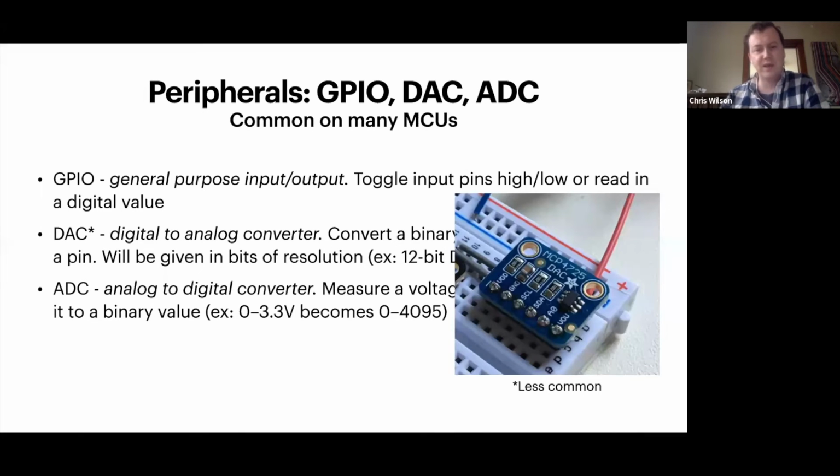DACs are less common, and I tried to research why this is exactly, but you definitely notice it, that you'll look around for a chip and a $1 chip will have an ADC, but then if you want a DAC on a chip, suddenly it's like a $15 part or something, it's some sort of more specialized kind of signal processing chip. So you can get these external digital to analog converters, and that's what's in the picture here.